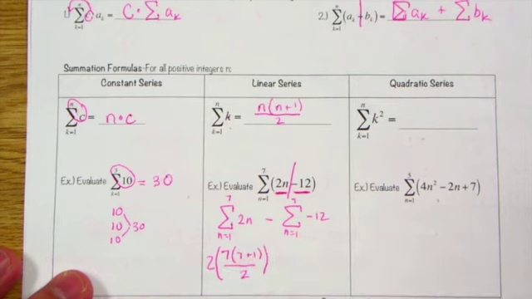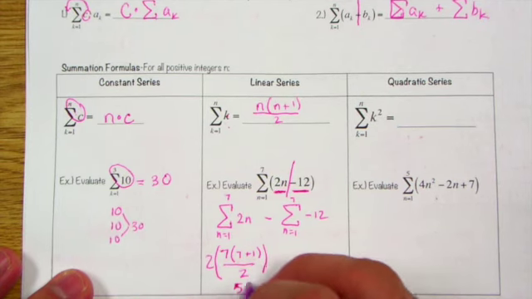Okay, so what I have here is 7 plus 1 is 8 times 7 is 56. Now, the 2 here could cancel if you wanted to do that. But 56 divided by 2 is 28 times 2 is 56. So I end up with 56 here.